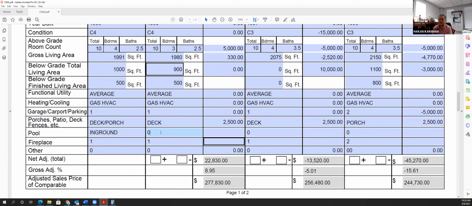Now, if you can just give me an idea what an in-ground pool would cost and how much you think the value would be in an appraisal. Anybody has any idea, just unmute yourself and speak up. Hello. Hello, Hakan. This is Tia. I think maybe between like 15 and 20,000. To give credit, yeah, for a pool.